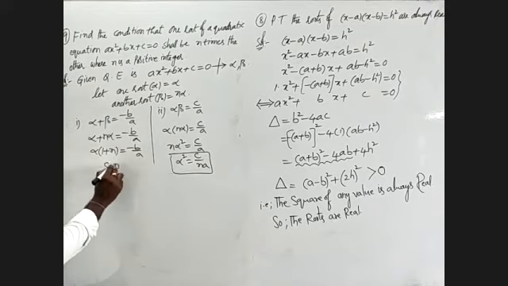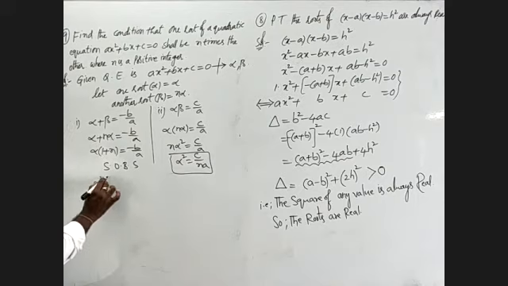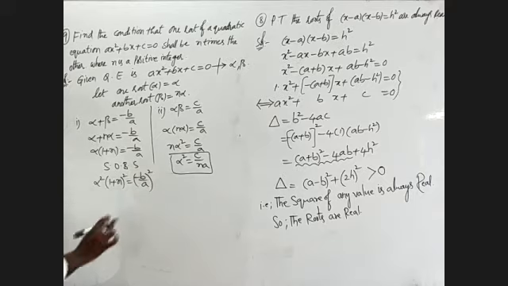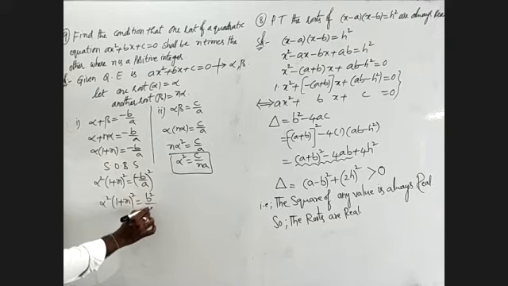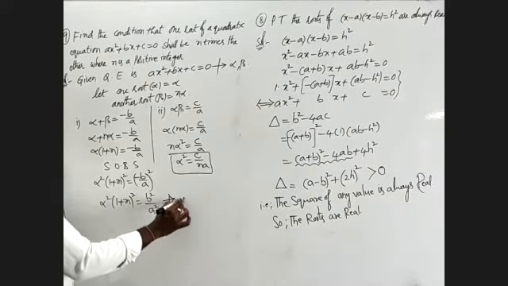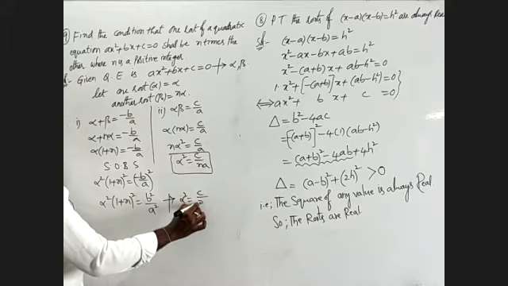Here we will observe, squaring on both sides, what do I have to write? Alpha square into 1 plus n whole square is equal to minus b by a whole square, that is alpha square into 1 plus n whole square is equal to b square by a square. Already we know the value of alpha square is equal to c by n a.